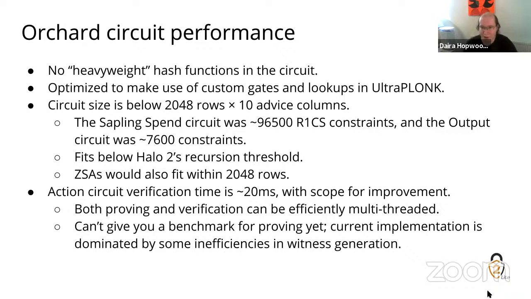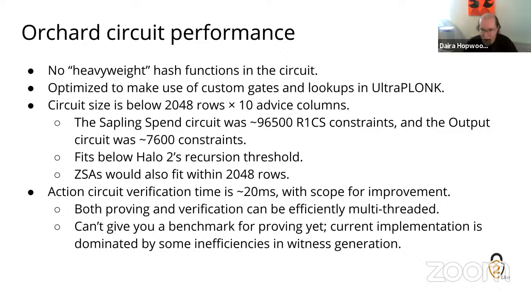Yeah, so if we can compare this with the Sapling spend circuit, that was 96,500 constraints. And yeah, so you can see even with the incomparable number of constraints, it's quite small.